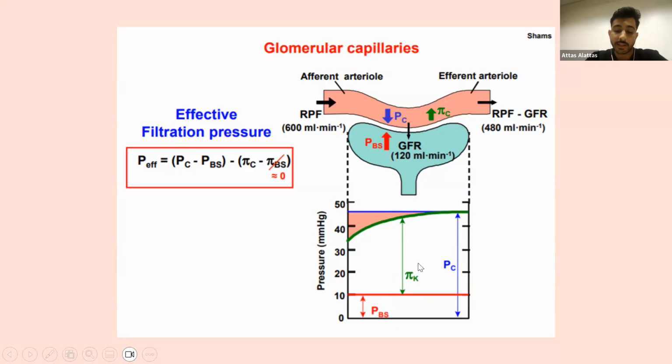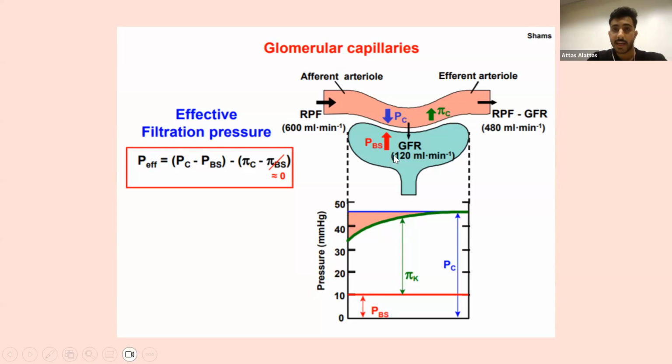So what determines the filtration? It's the oncotic, or colloid osmotic, pressure. So when you increase the hydrostatic pressure of the capillary, you're filtering more. Okay, and as you filter more, more fluid is going into the glomerulus.